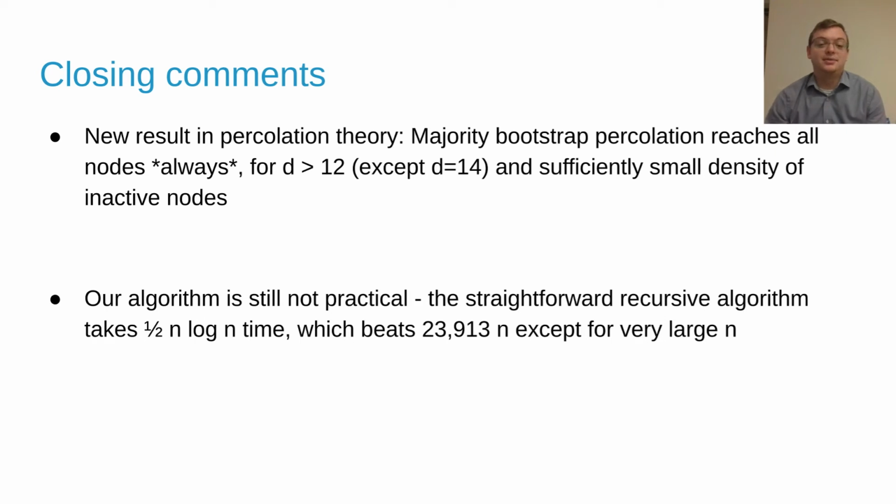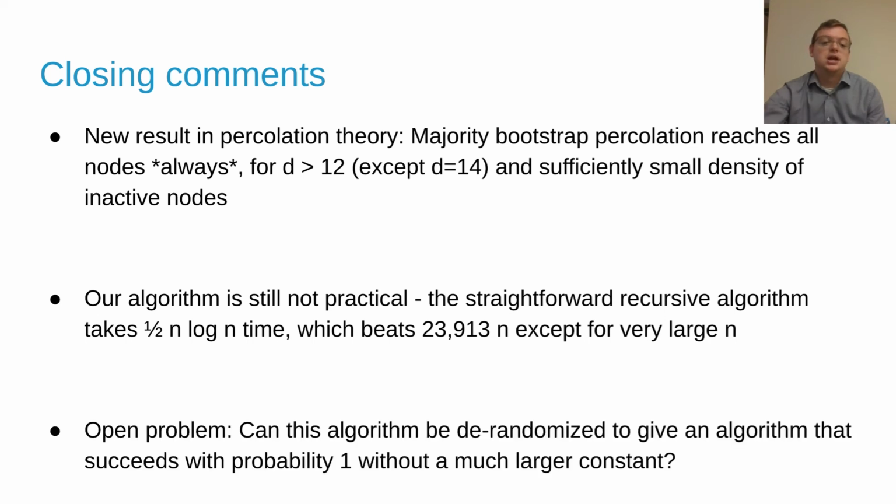Again, I'll comment that 23,913n is much worse than, for example, a simple recursive algorithm that gives 1/2 n log n, except for very large n. So it is an improvement on the constant, but it is not close to actually being implementable to give something faster. And we pose the following open problem.